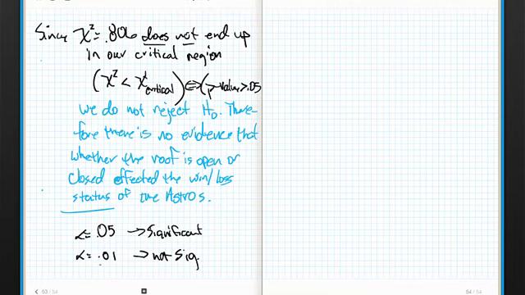If your chi-squared value is nowhere near the critical region at alpha 0.05, there's no way it gets pitched out. But if it's somewhere in between, and you picked alpha equals 0.01 to start your research, and you want a significant result, but it's not significant at 0.01 though it is at 0.05, well, if you've got hundreds of millions of dollars in grants on the line, you might be tempted to fudge the data a little bit.